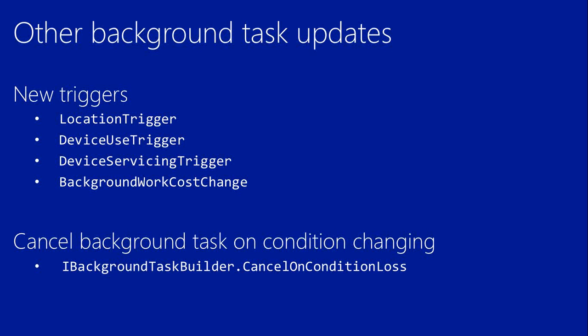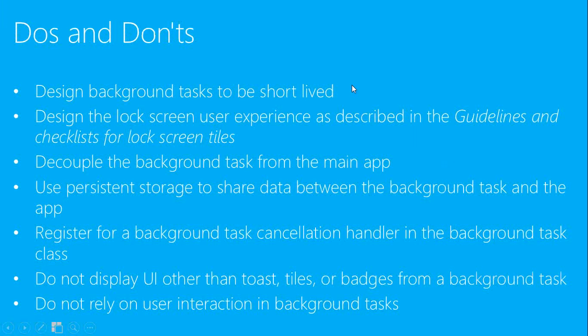What happens is, you don't have to do anything, you don't have to save the state, or you don't have to unwind. We will try to understand if you have implemented cancel on condition loss or not, and if you have, correspondingly the background task will be cancelled and properly unwound. So these are the few other updates.